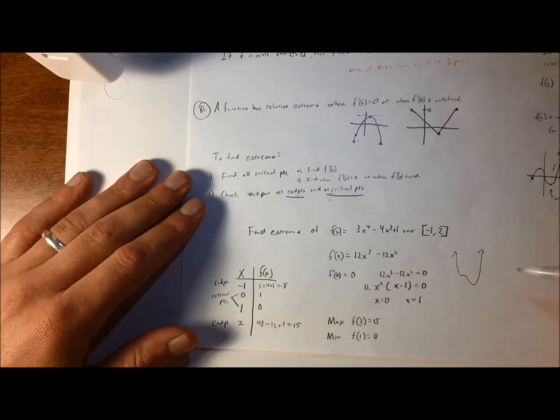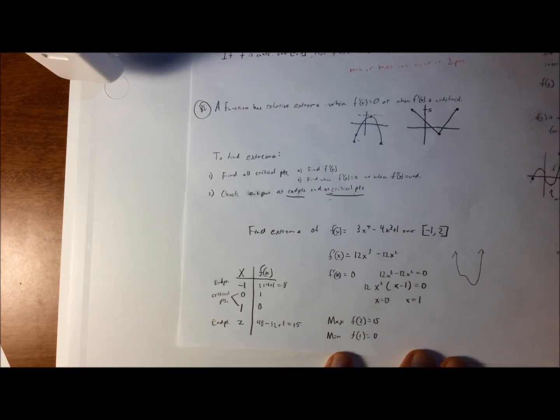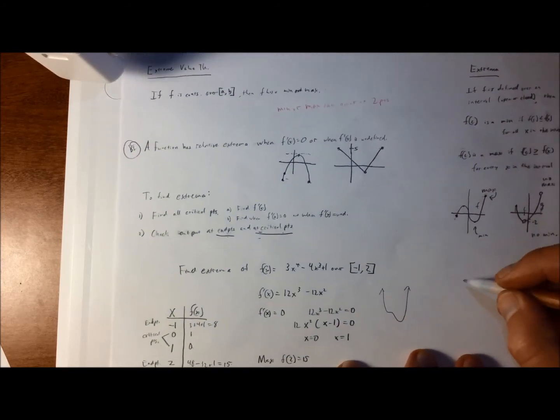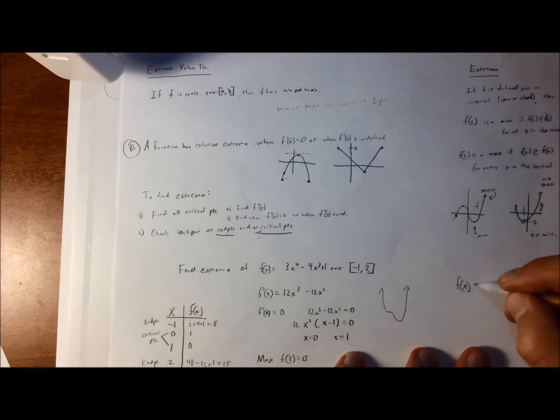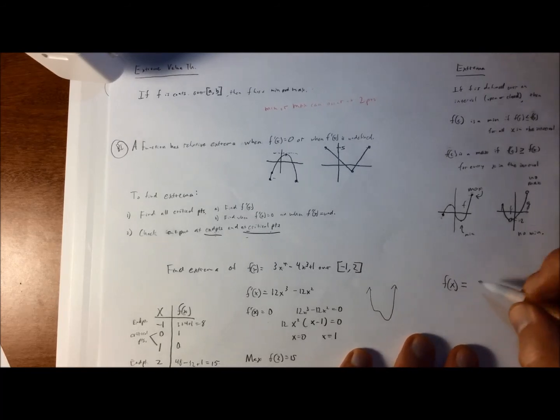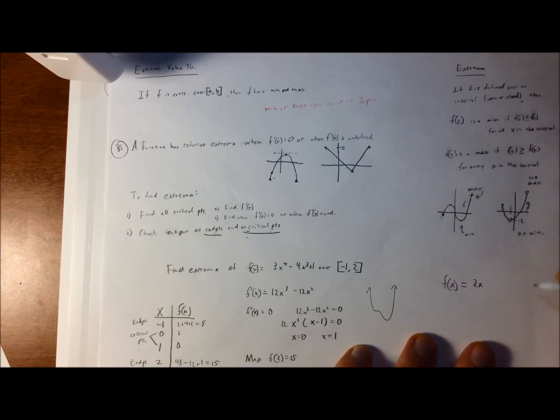You might get some weird function that you're going to have a hard time finding 0 for. For example, let's say you had to find the maximum or minimum of a sound wave, and let's give it some amplitude too: 2x times sine of 3x.